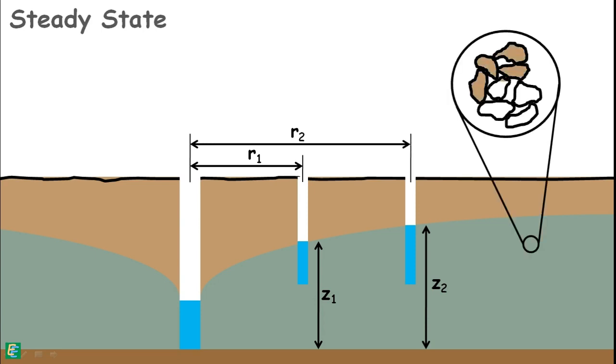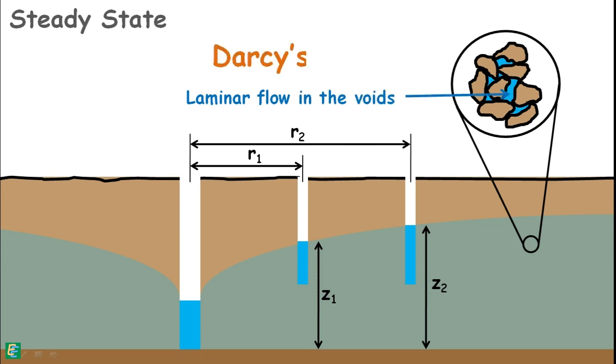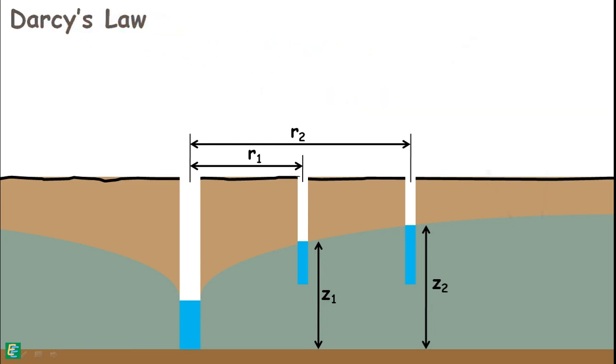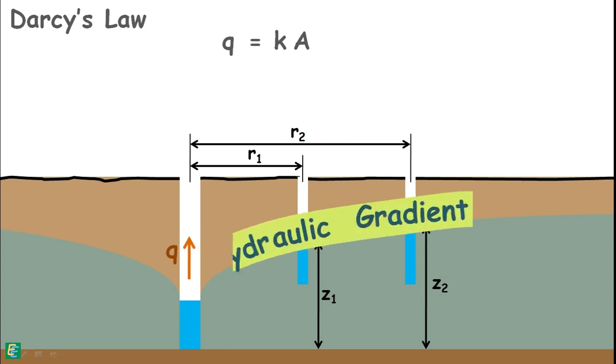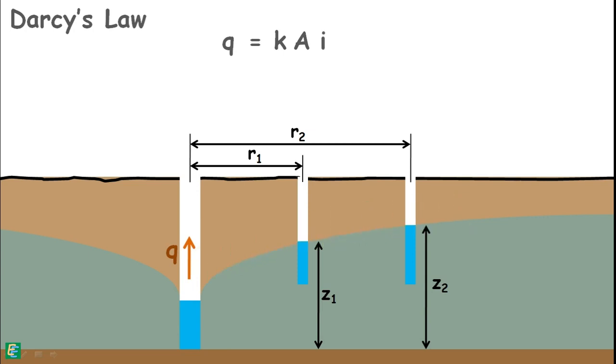We assume that the flow in the soil voids is laminar, so we can apply Darcy's law for this situation. According to Darcy's law, discharge rate from the well is equal to the permeability of the soil multiplied by the area through which water is percolating multiplied by the hydraulic gradient which is causing the flow.